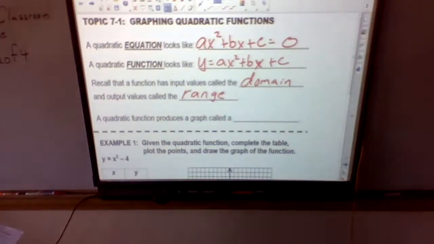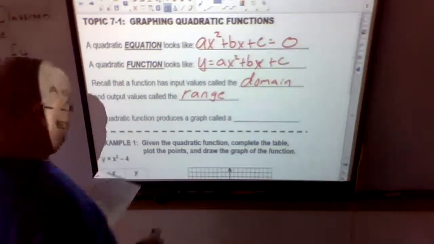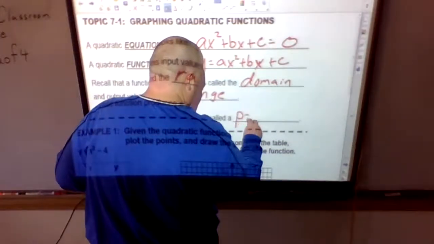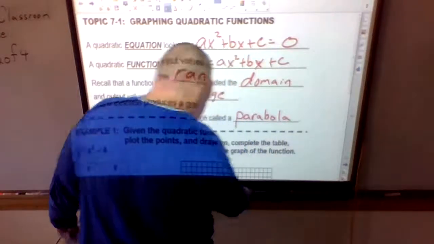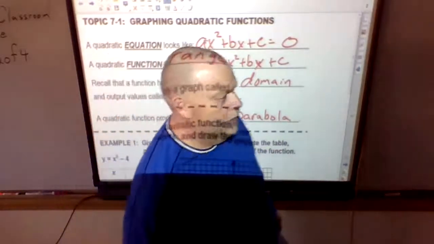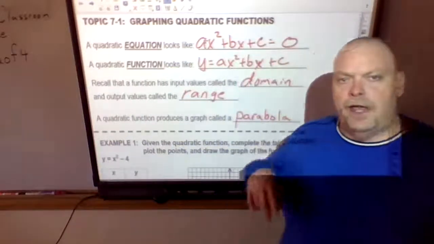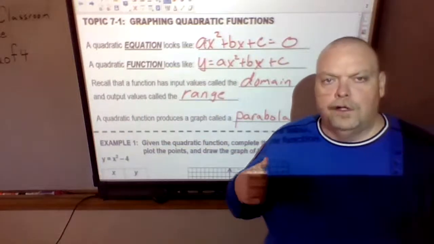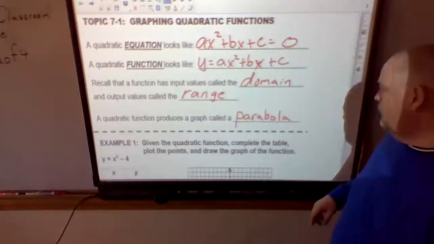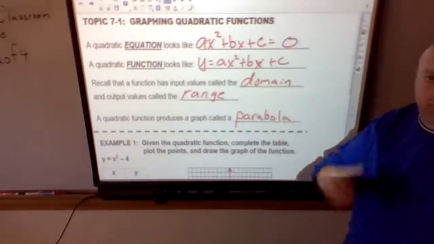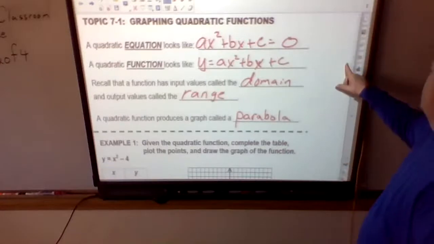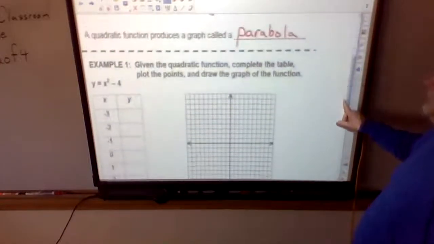A quadratic function produces a graph called a parabola. We're going to start leaving linear straight lines behind, and now we're going to start introducing you to the world of parabolas. A lot of information here. If you need to pause it to write it all down, do so. Otherwise, let's go on to example 1.